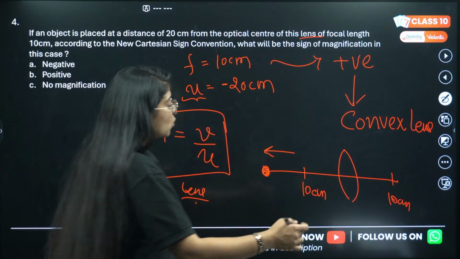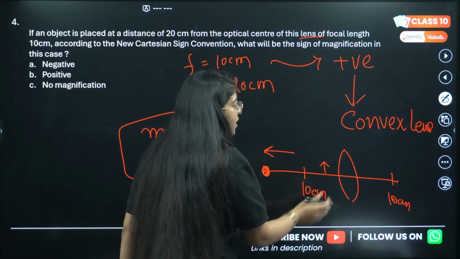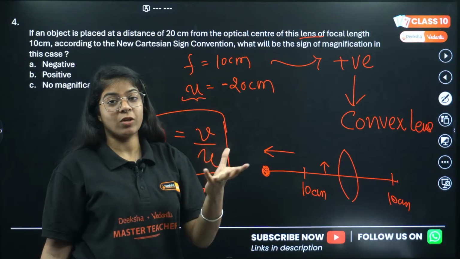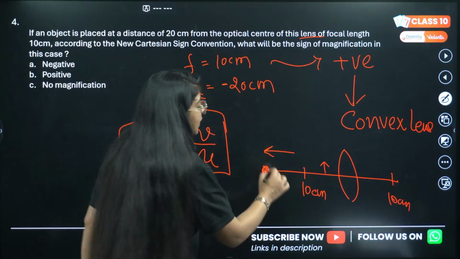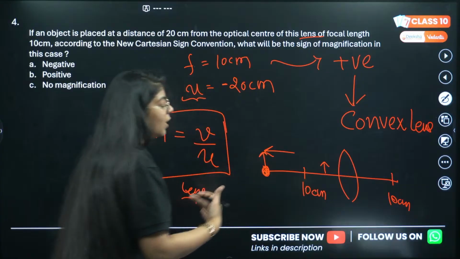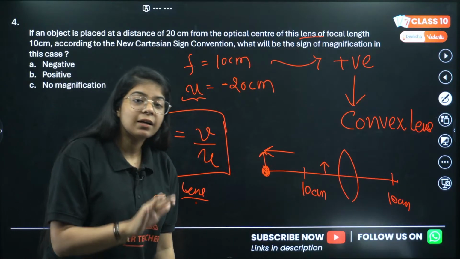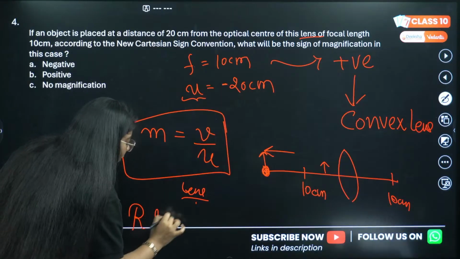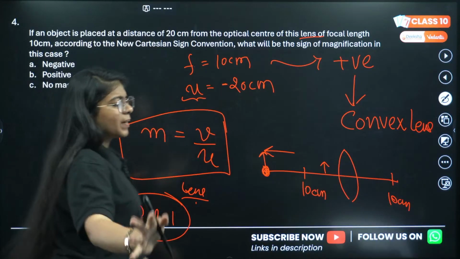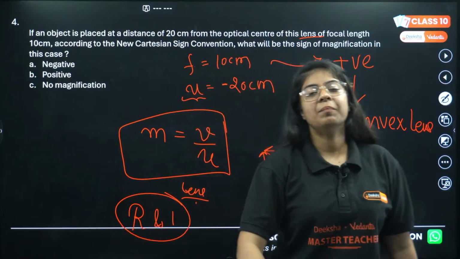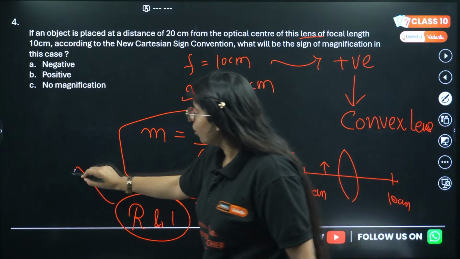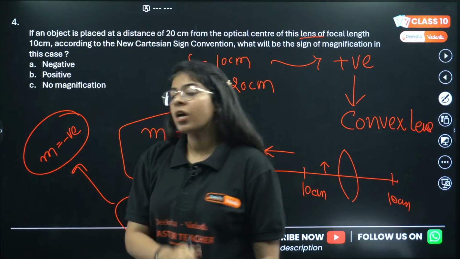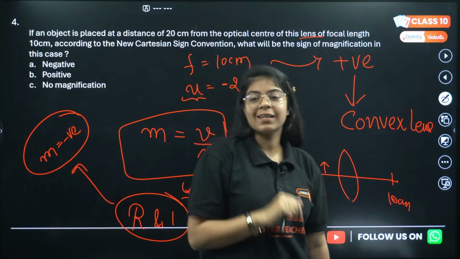Correct? Because only in the case when the object is placed between the optical center and focal length, my image will be virtual and erect. But here, where the object is beyond focal length, the image will be real and inverted. And I know for a real and inverted image, magnification is always negative.